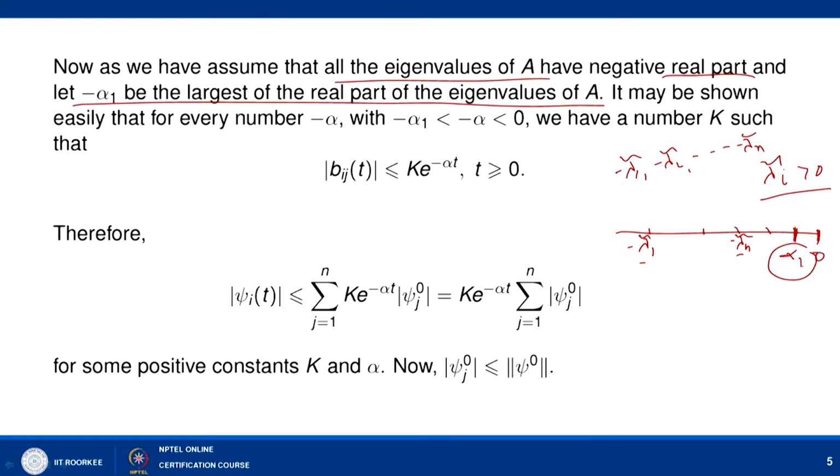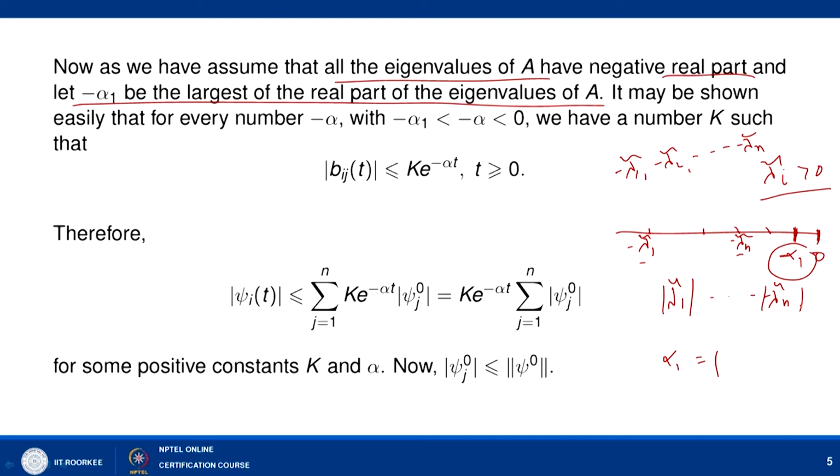So, let us say that minus alpha_1 is the largest of the real parts of the eigenvalues of A. If we look at the absolute values of lambda_1 tilde to lambda_n tilde, then alpha_1 will correspond to the smallest absolute value of the real part of the eigenvalues of A.